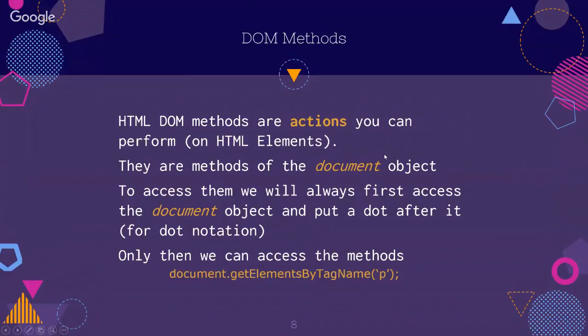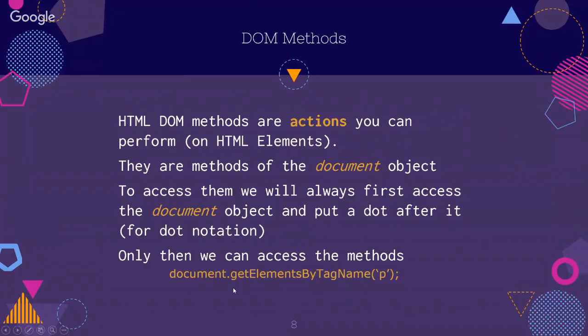And remember that to access a property or a method of an object, in general in JavaScript, we have two different ways. The one we use most of the time is the dot notation, and that's signified by this little dot here.